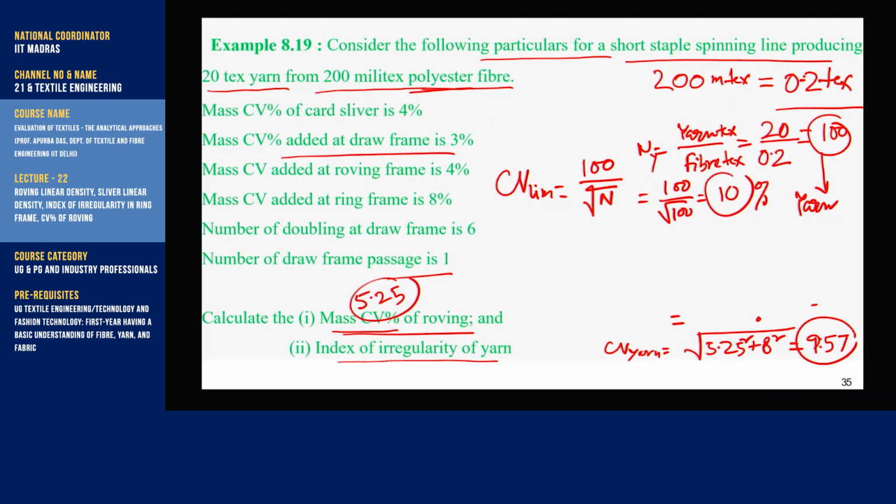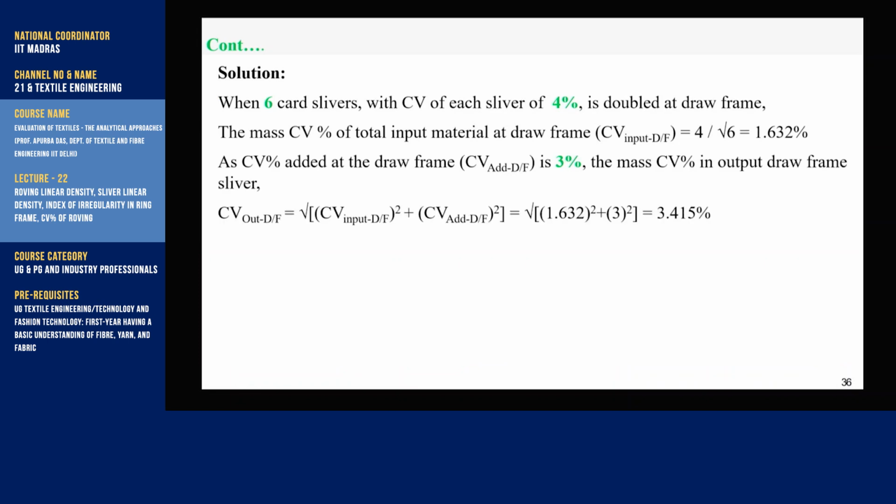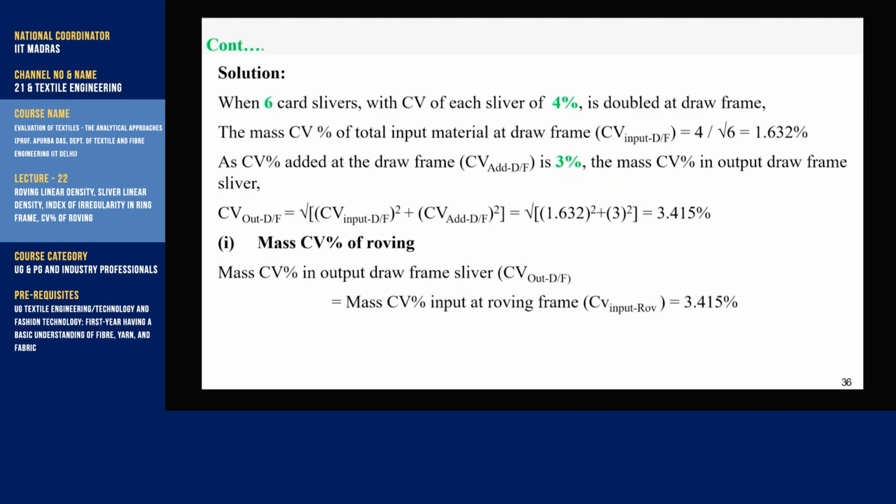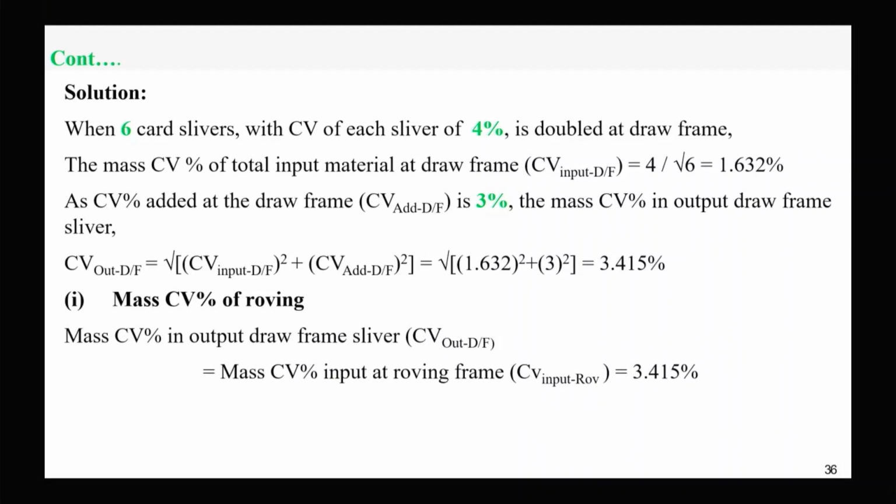Now I think we have to see this numerical carefully. The CV limit, what we see, is added. So the mass CV of roving is 3 point, the output of roving.